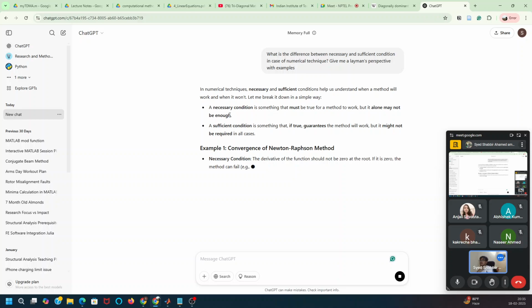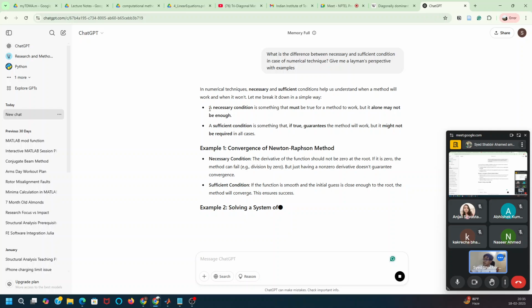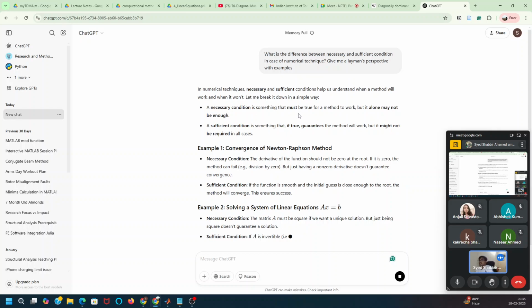Yeah. Now you can see the thing which I have told, it has refreshed it in a better, easier way. A necessary condition is something that must be true for a method to work, but it alone may not be enough. So a necessary condition has to be satisfied, but along with that, some other conditions also might be needed.